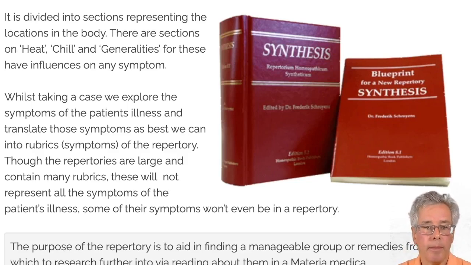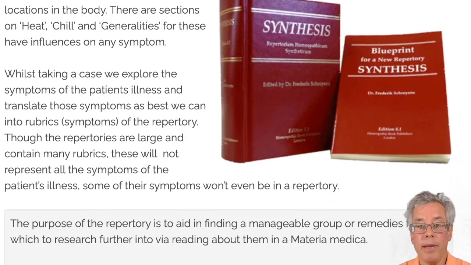So we can explore the symptoms of the patient's illness while we get their case information, and then we translate those symptoms as best we can into rubric symptoms in the repertory. Though the repertories are large and contain many rubrics, these will not represent all the symptoms of a case, and some of them may be left out.